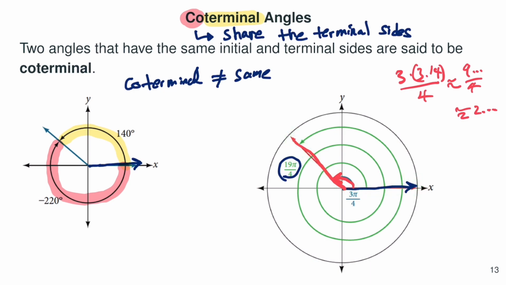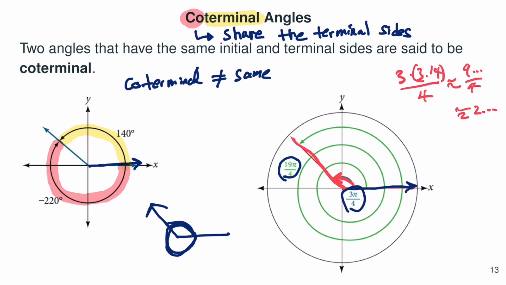But what happens with 19 pi over 4? Well, it rotates once, rotates twice, rotates 3 times. So you can think of following this line. But essentially, if I had to draw it here, we start from here, we rotate once, twice, 3 times, and come here and end up here.